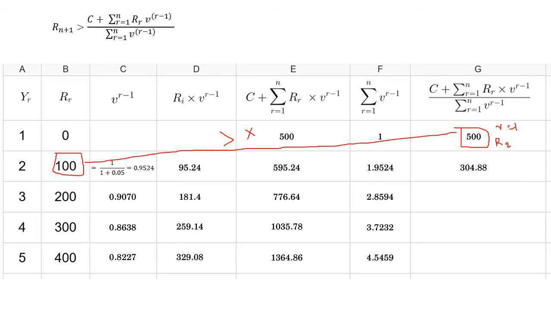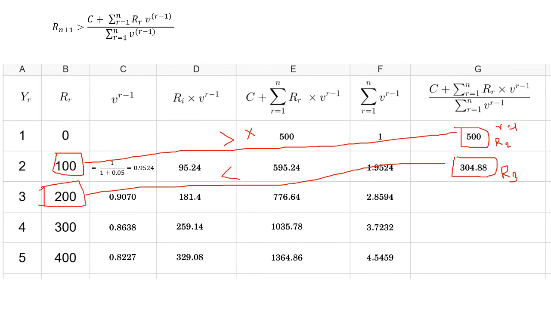Then at the end of the second year, the right hand side becomes 304.88, and we compare this with Rn plus 1, R3, which is 200. Again, as Rn plus 1 is smaller than the weighted average, we are not going to replace the machine at the end of the second year.